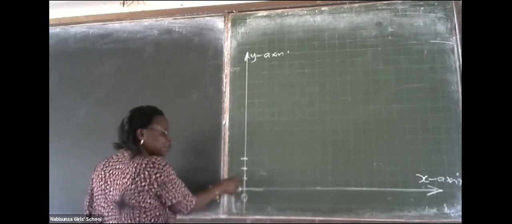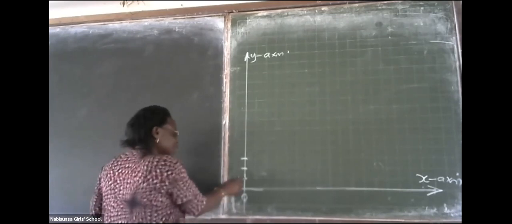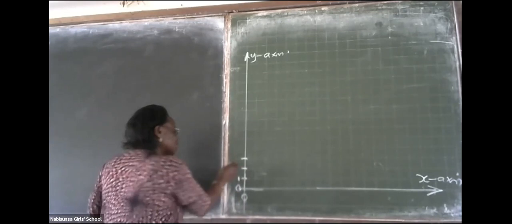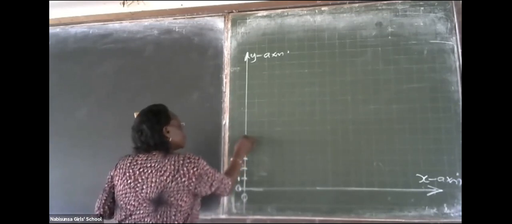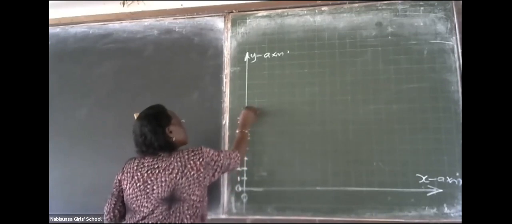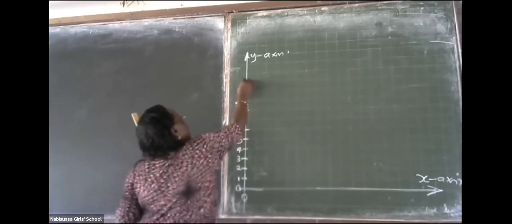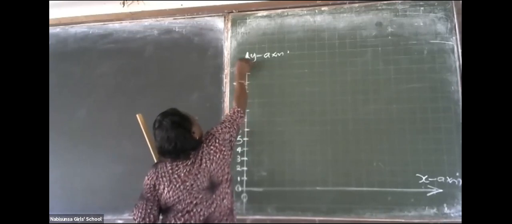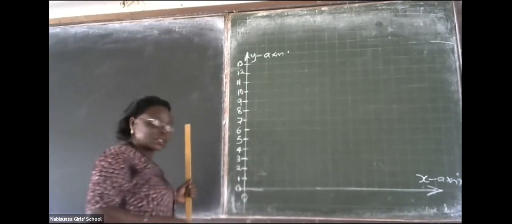From 0 to 1 is 1 step. From 1 to 2 is 1 centimeter. 2, 3, 4, 5, 6, 7, 8, 9, 10, 11, 12, 13. That is where our graph can reach.